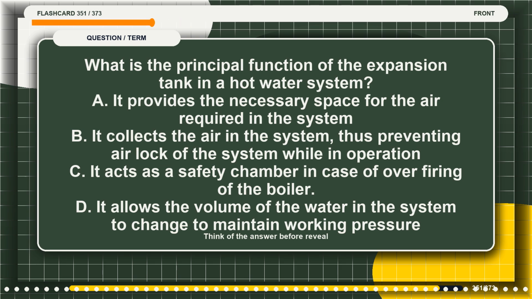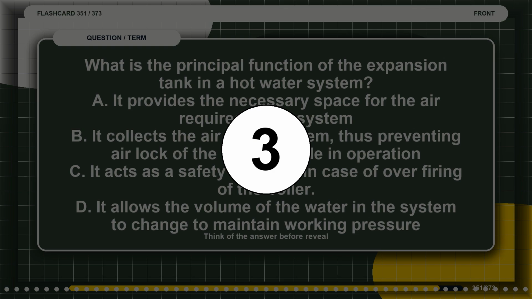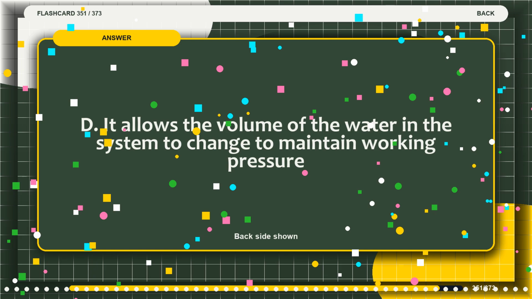D. It allows the volume of the water in the system to change to maintain working pressure. Think of the answer before the reveal. The answer is D. It allows the volume of the water in the system to change to maintain working pressure.